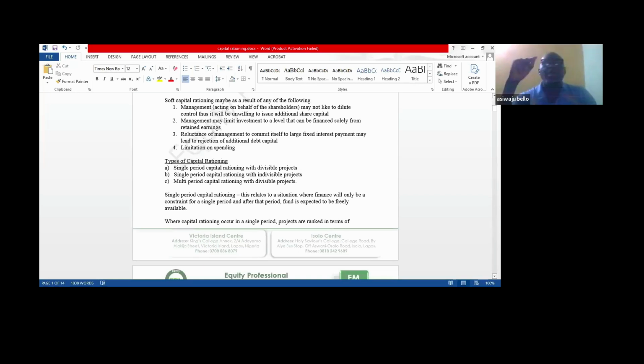A single period capital rationing situation is a situation where finance is in short supply only for a single period. After that period, finance is freely available.